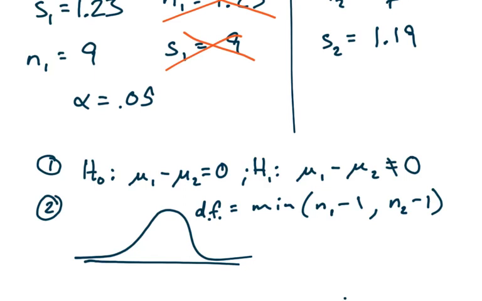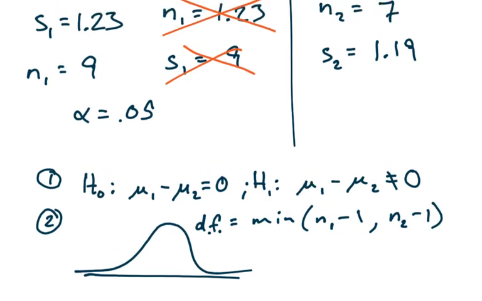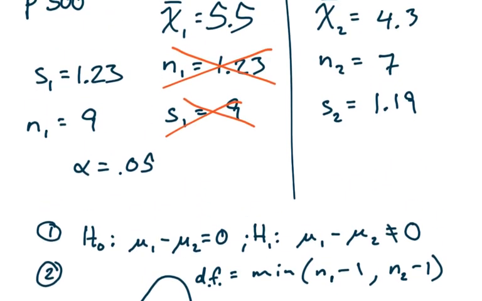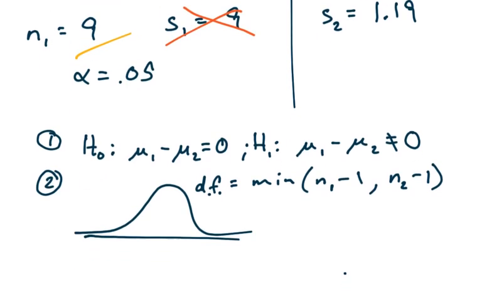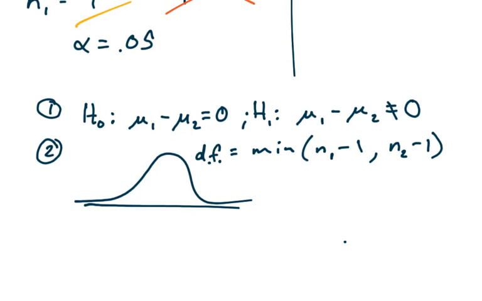So here we're going to sneak a peek back at these. The men had 9, and the women, we took a sample of 7. So our degrees of freedom, let's see, 9 minus 1, this one has 8 degrees of freedom, this one over here is 6. So degrees of freedom for our distribution is 6.